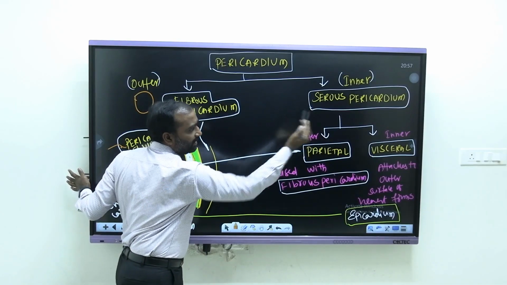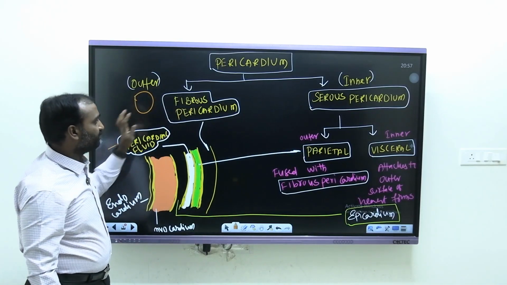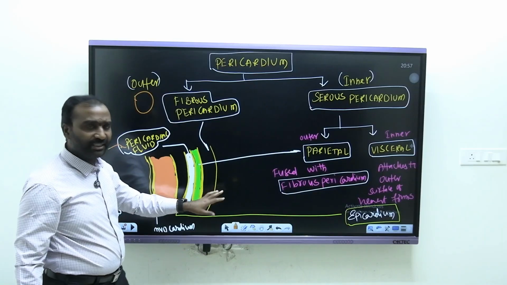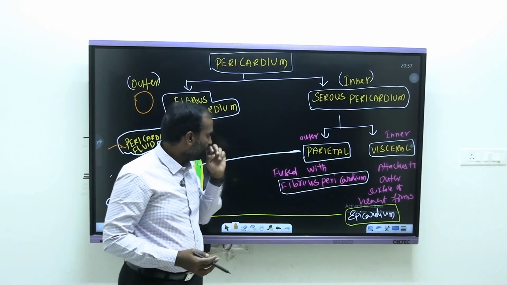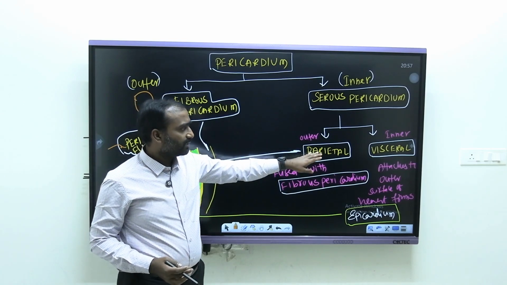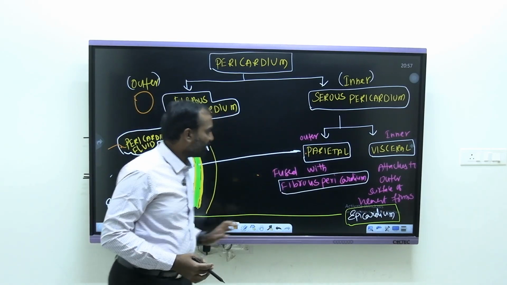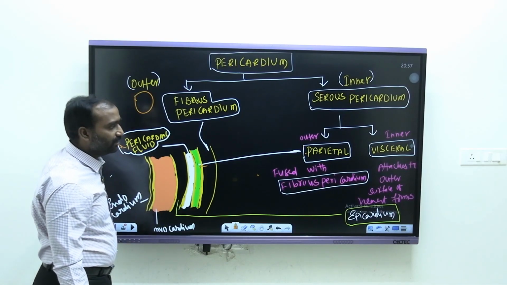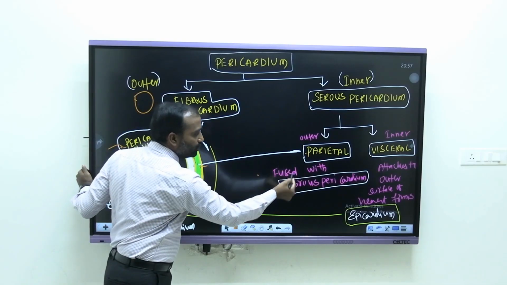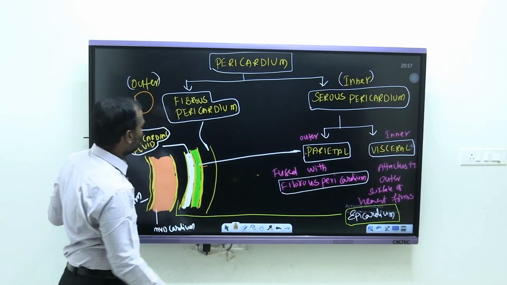This serous pericardium, which I am representing here, is what? Parietal, and again it will have 2 sublayers. Simple. The first one is the outer fibrous pericardium, and the inner one is serous pericardium. Again the serous pericardium will have sublayers such as parietal as well as visceral. So this is a parietal layer, which is fused with the fibrous pericardium.